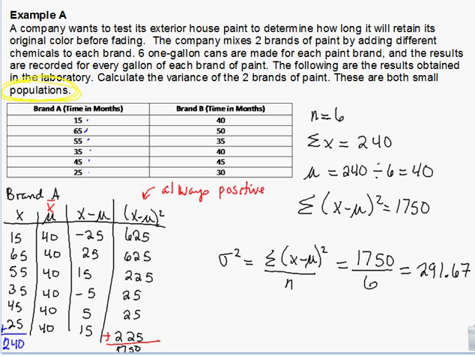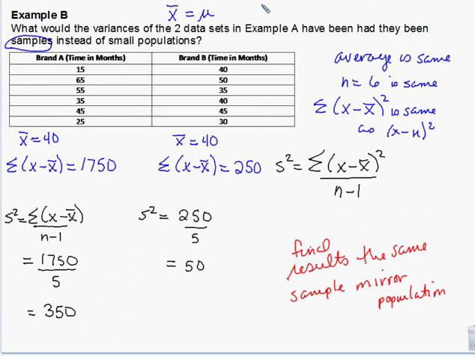It would be, or no? It's the same numbers. Okay. The numbers are the same because U and mu and X bar are the same. They're both average. Okay. And they're both calculated the same. They're the same. Does that make sense? It's just that this is the average of a sample. This is the average of a population. Then you took 1750 over 5.